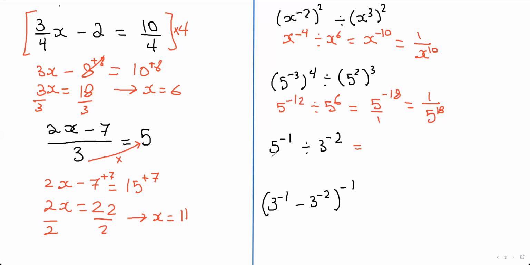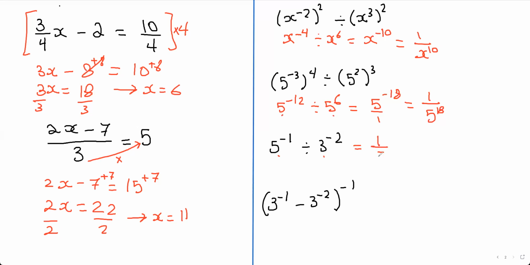How about here? Here, we want to change every negative exponent to positive. When we multiply or divide, we minus the exponents. We can only do that when the bases are the same. But here the base is 5 and the base is 3, so you cannot do that anymore. So you have to change this to a positive exponent.